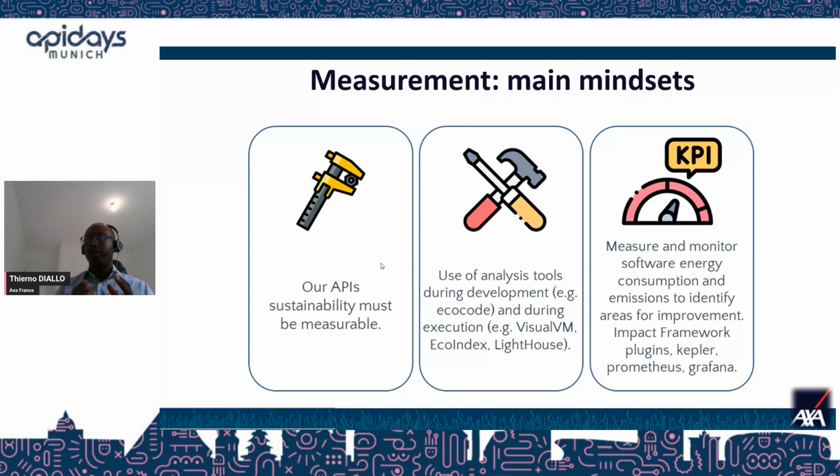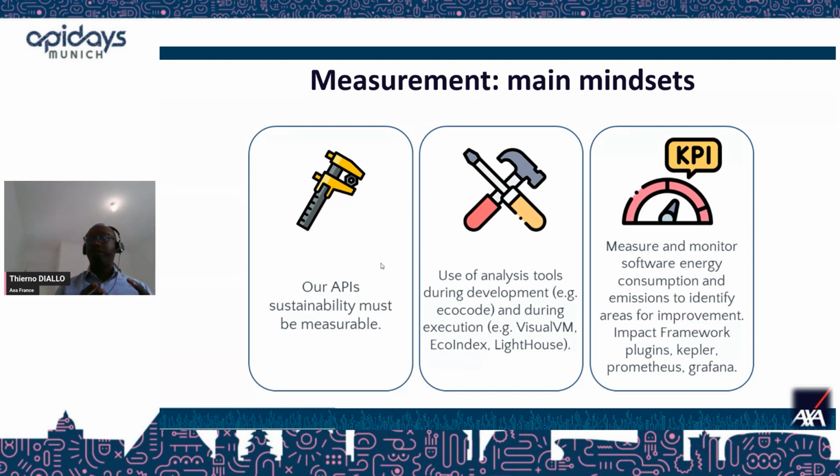And we can leverage open source tools like EcoCode or Creedengo, now renamed. And during execution, we can use VisualVM, EcoIndex, Lighthouse, or some tools combined. Also, we can use tools like API Green Score in order to always have the data, the measurement, to see if you are doing well or not.